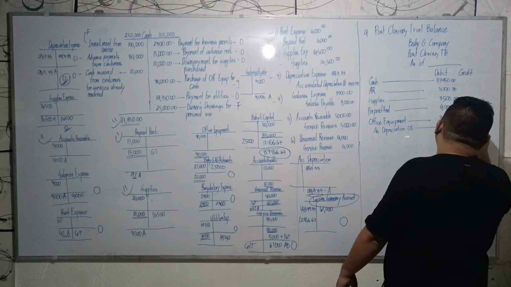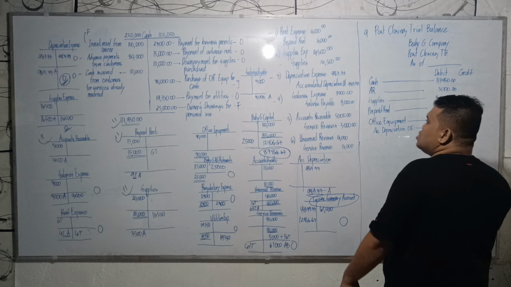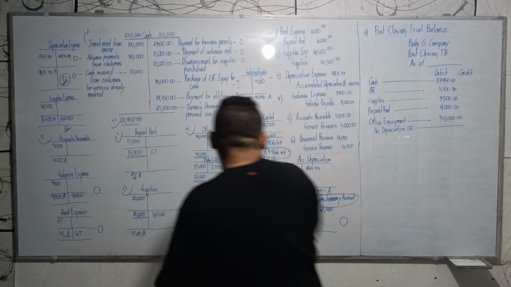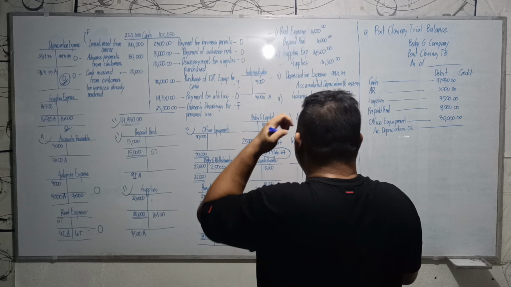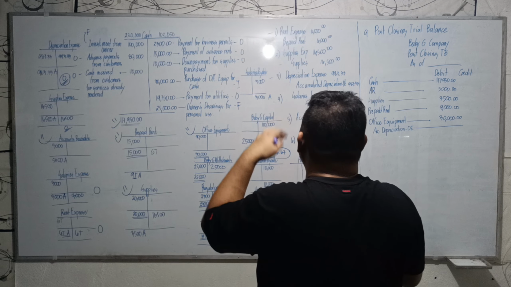And that is how much? 983.33. So accumulated depreciation is 983.33. And that's it, I guess, for the non-current assets.